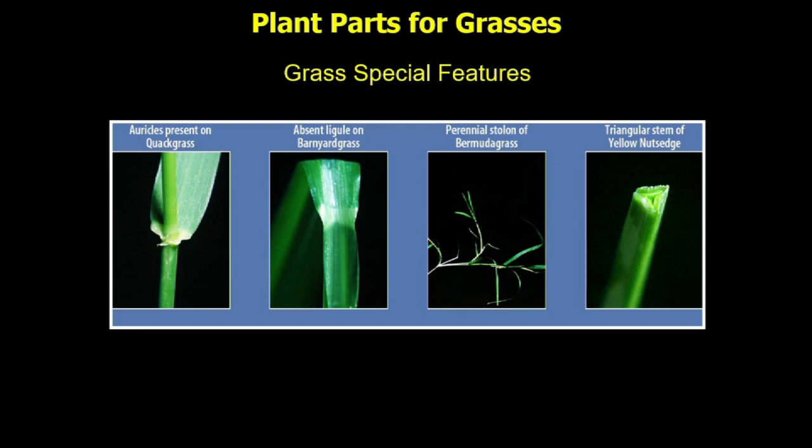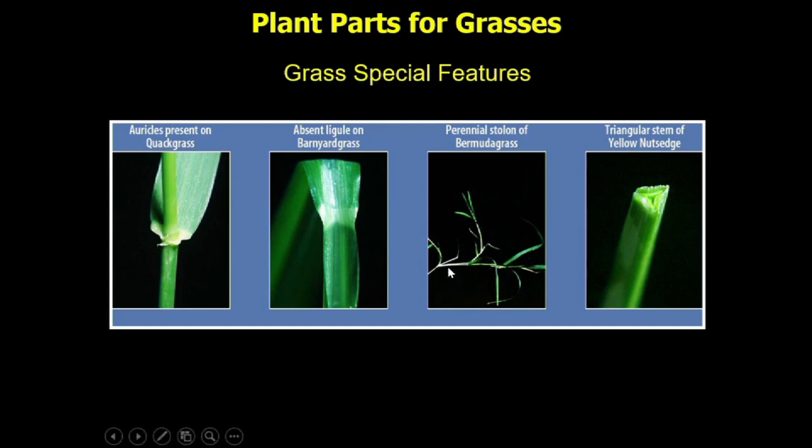Just showing a few more structures. Bermuda grass we'll often see in turf settings. Sometimes some parts of the state like southern Indiana might see this in a corn or soybean field. It can thrive on sandy soils in warmer climates. But Bermuda grass would have what we call a stolon. So we showed Canada thistle, which has a rhizome.